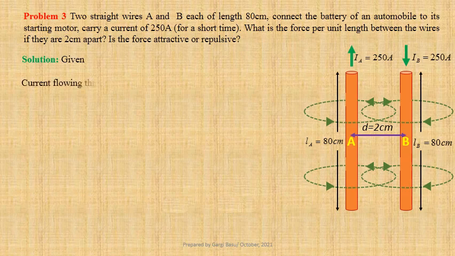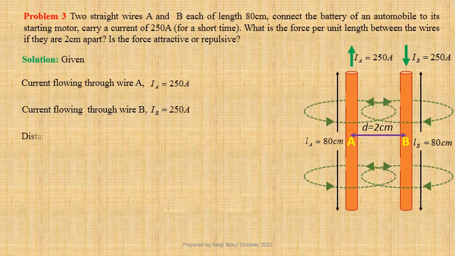Current flowing through wire A, Ia equals 250 ampere. Current flowing through wire B, Ib equals 250 ampere. Distance between the wires, D equals 2 centimeters, that is equal to 0.02 meter.